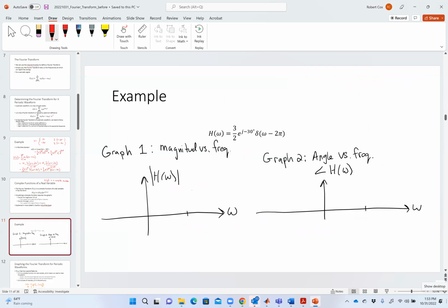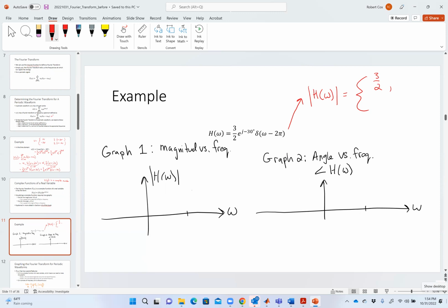As an example, let's say I have this guy: 3/2 e to the negative j 30 degrees times delta of omega minus 2 pi. Let's think about it like this. There is a magnitude and an angle. Let's think about the magnitude of that thing. What is the magnitude? 3/2. Where? At what frequency is it equal to 3/2?